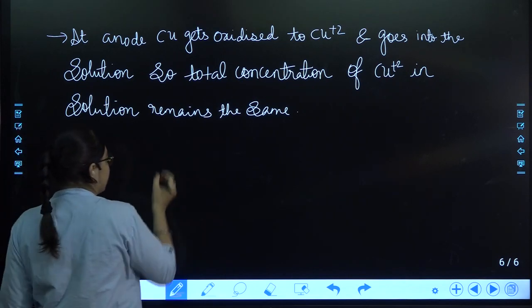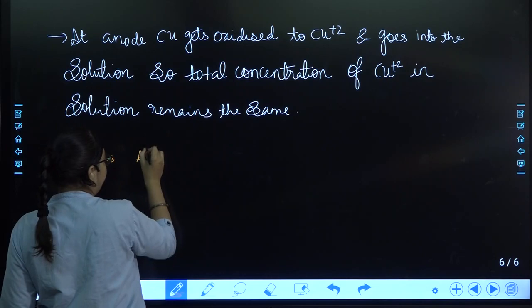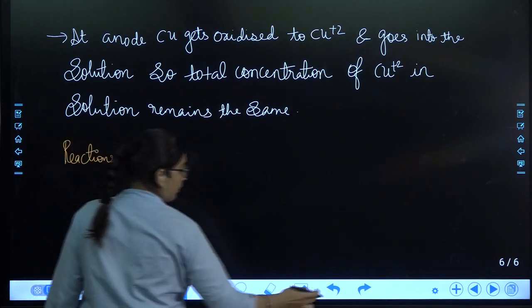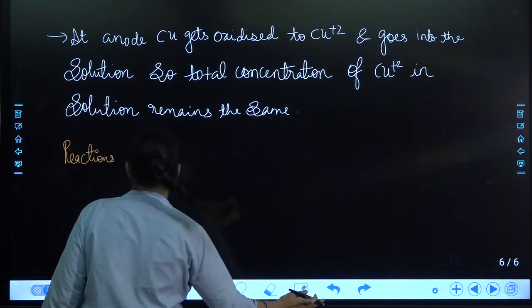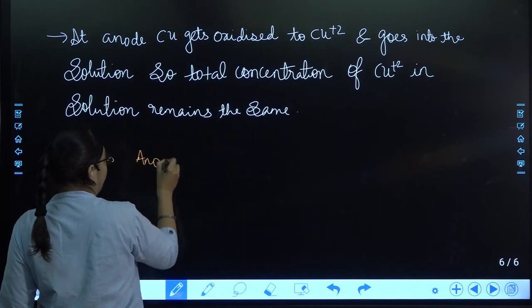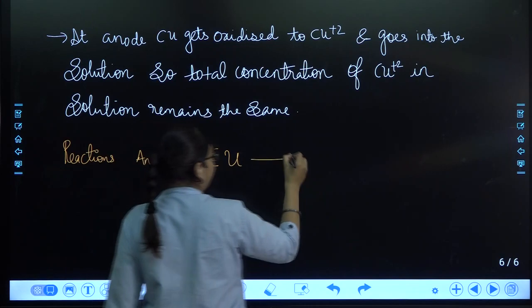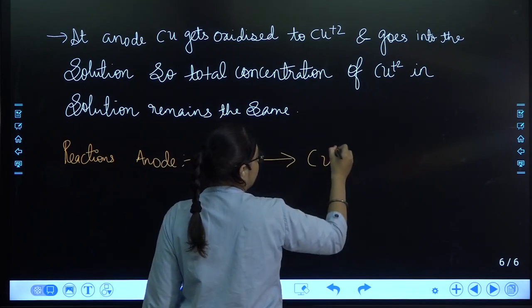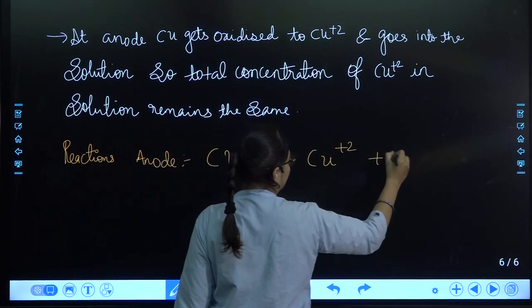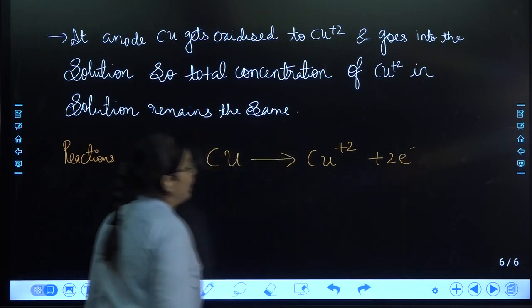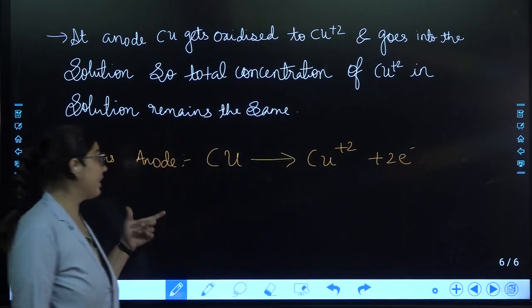At the anode, Cu gets converted into Cu2+ plus 2 electrons. Oxidation occurs at the anode.